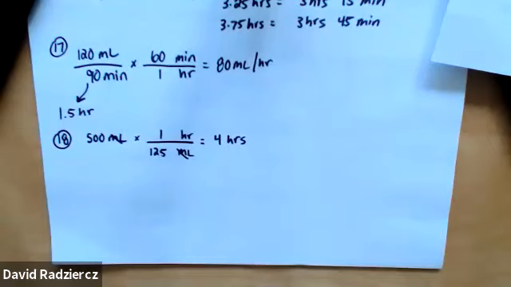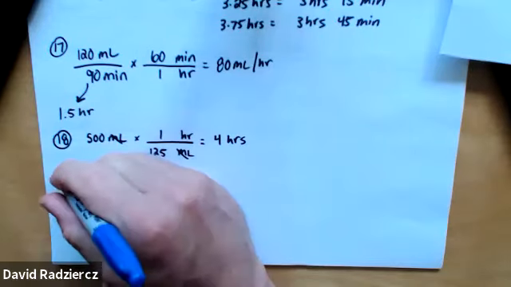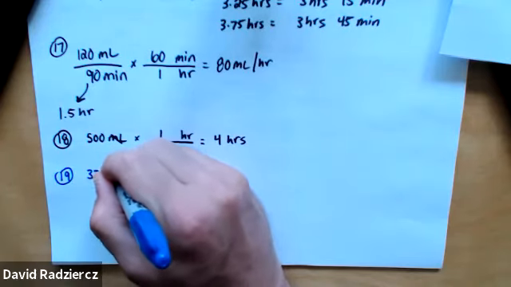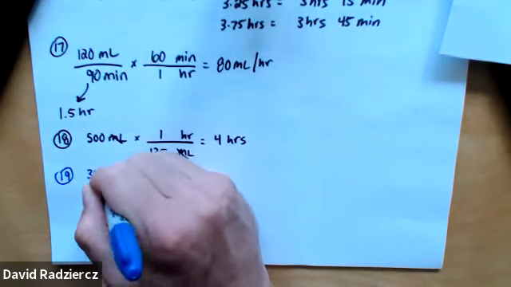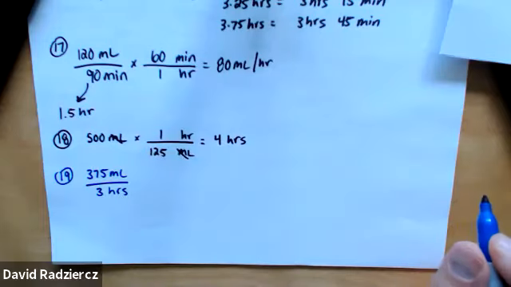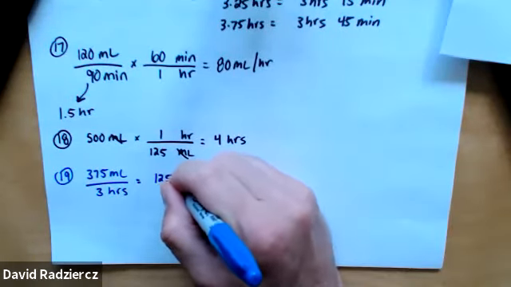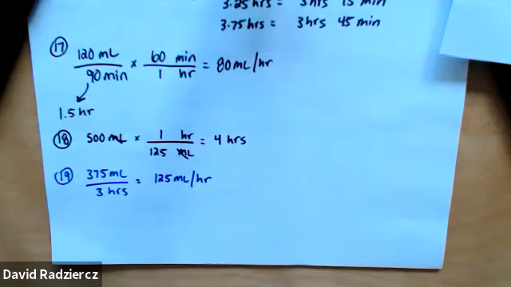All right, 19. Question 19 says the patient is to receive 375 milliliters of Ringer's lactate over 3 hours, and asks what we would set the infusion pump to. So 375 milliliters over 3 hours. We're just going to do 375 divided by 3, which is 125 milliliters per hour.